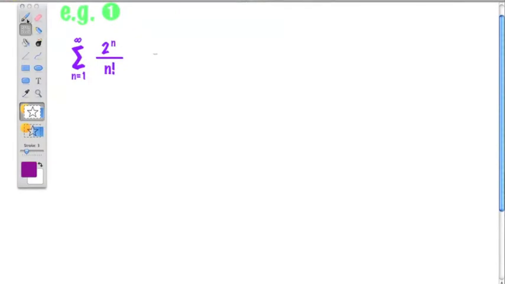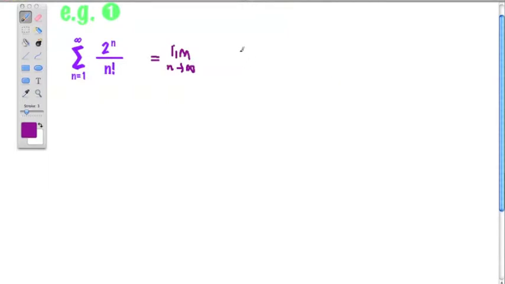To do this question, we just put the limit as n goes to infinity of 2 to the power of n plus 1 over n plus 1 factorial, and then we multiply by the inverted function, n factorial over 2 to the power of n.